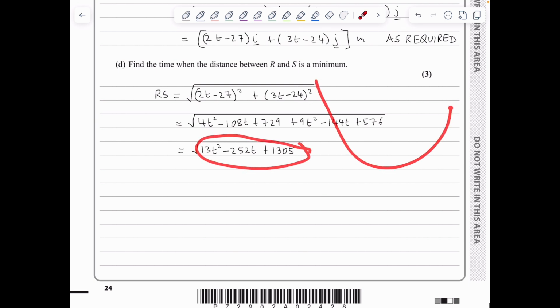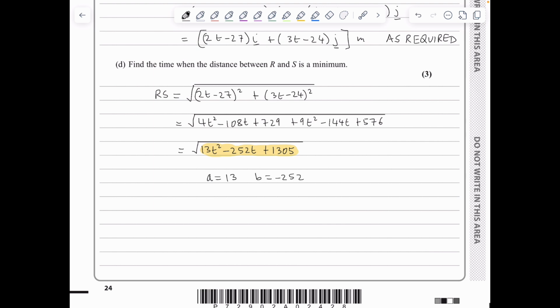And we know that within the square root we're essentially looking at a quadratic. It's a smiley face quadratic, so I'm looking for the minimum and I will be exploiting the symmetry. So if we just look at this quadratic here, we can see that the coefficient of t squared, a, is 13, b is minus 252, and c is 1305. I will be exploiting the symmetry.